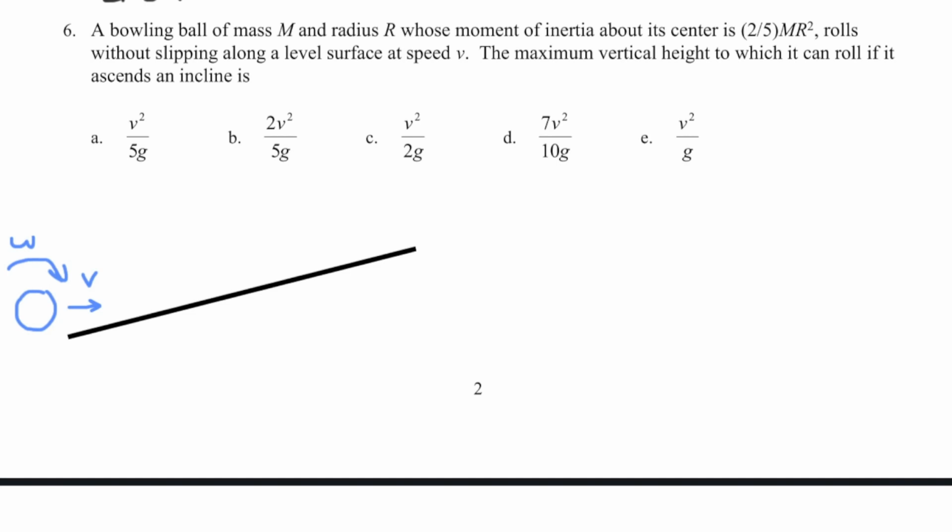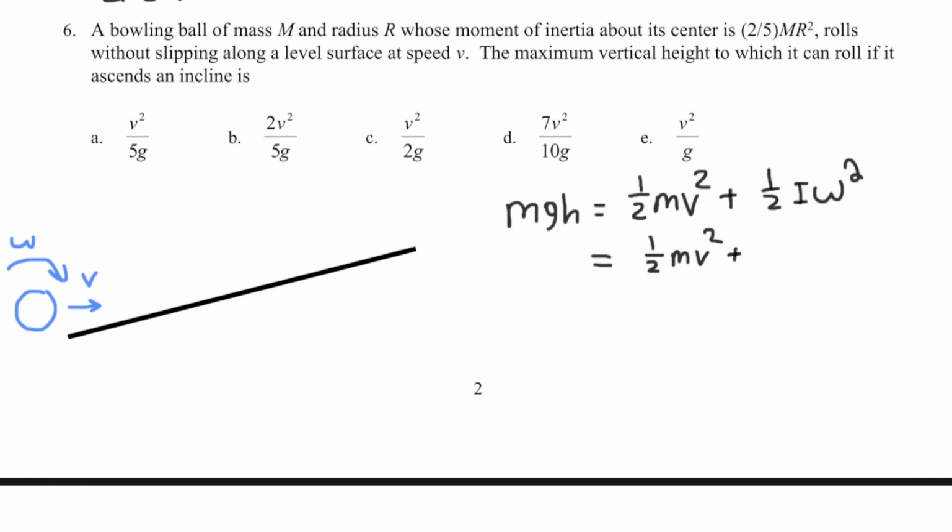So we're going to find that mgh at the top is equal to the kinetic energy of translation plus the kinetic energy of rotation. So again, it's rolling, which means it has both types of kinetic energy. And we're given this in terms of v. So now we have to deal with evaluating each of these.